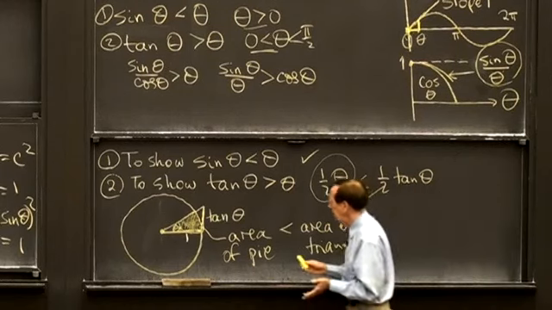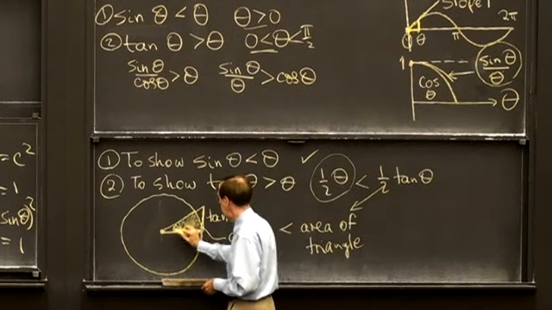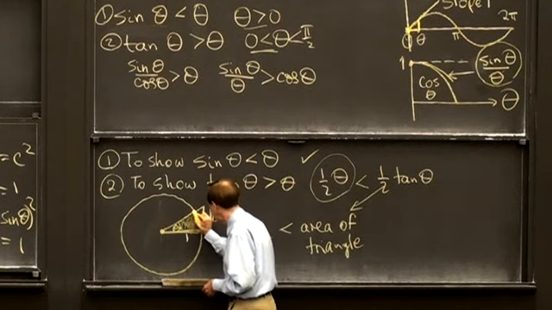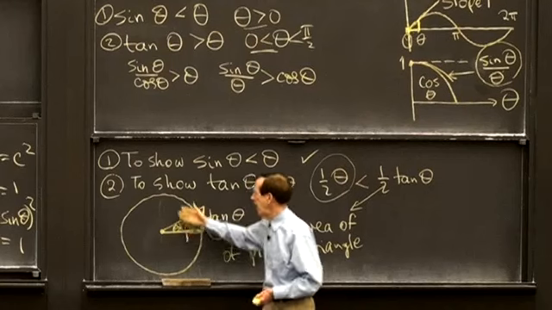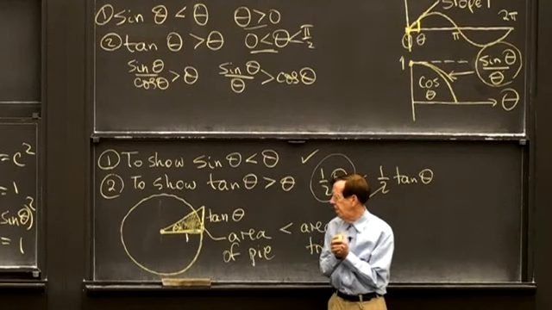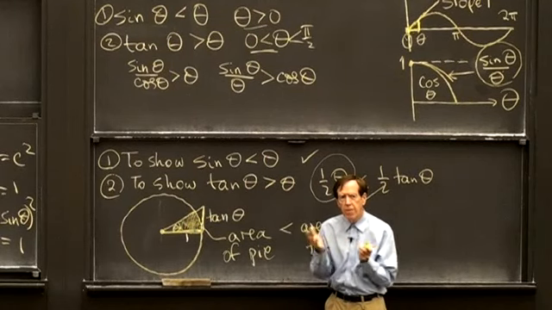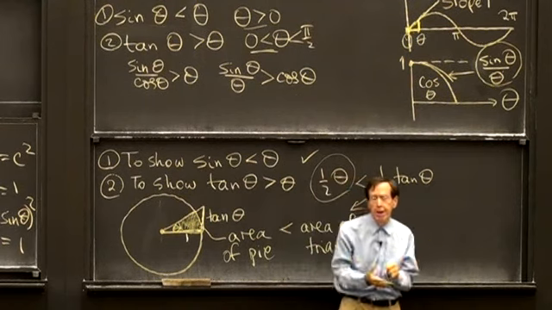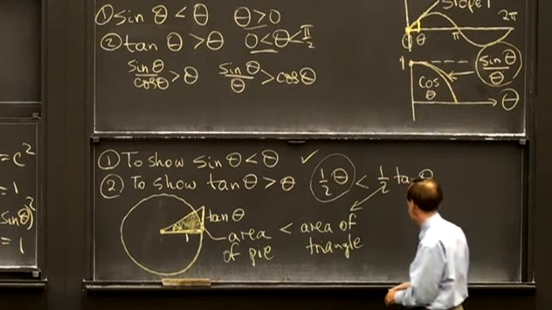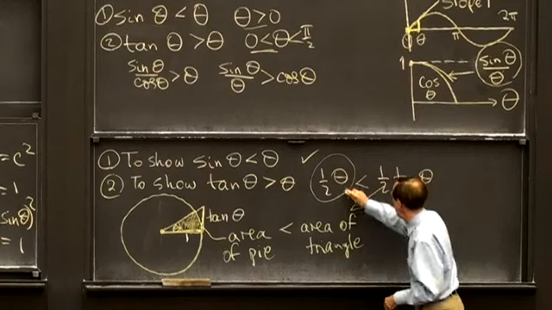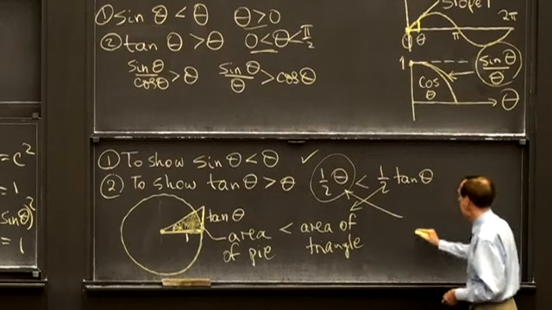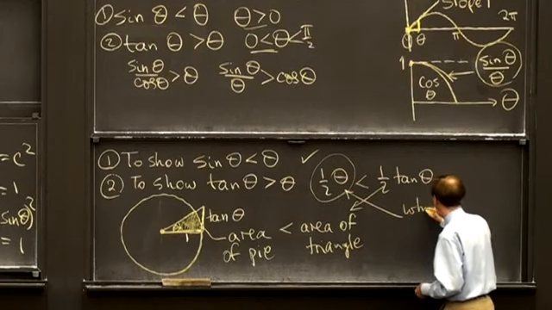So remember, just think about this piece of pie compared to the whole pie. What's the area of the whole pie? So I'm explaining one half theta.